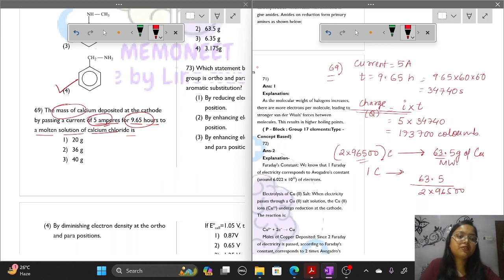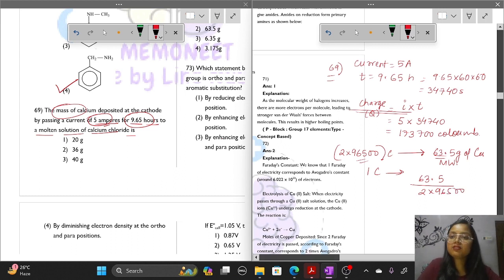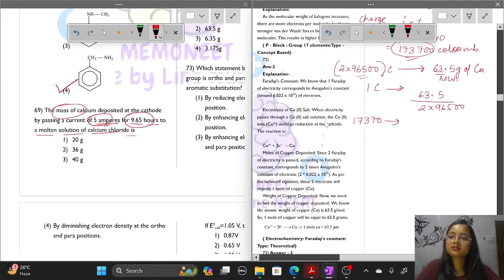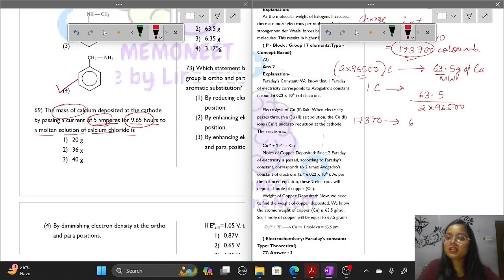And how much we have to find out? We have to find out this much charge, 173700, is required to deposit how much? 63.5 into 2 into 96500 into 173700. Like this. So what will be the answer?